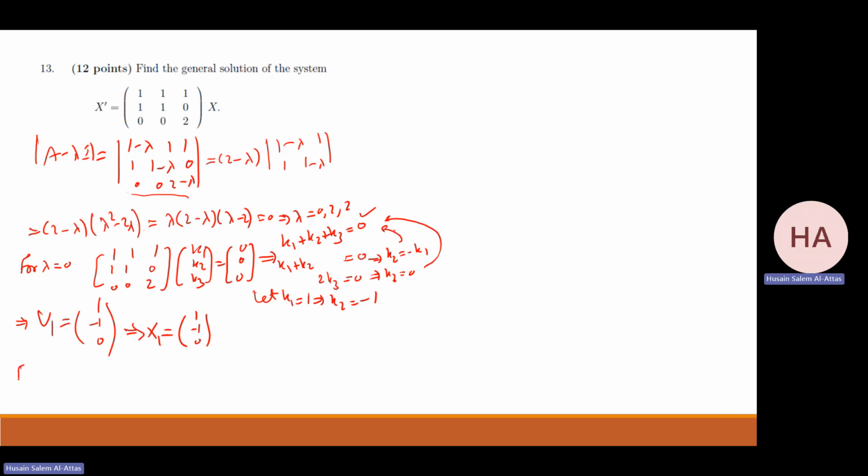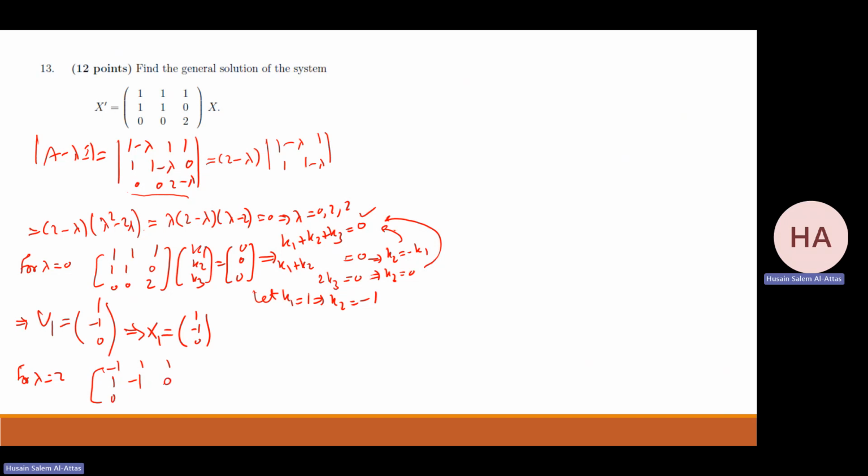Now for lambda equal to 2, let us see what will happen. I have what? 1 minus 2, minus 1, 1, 1, 1. Now 1 minus 2, that gives me minus 1, 0.